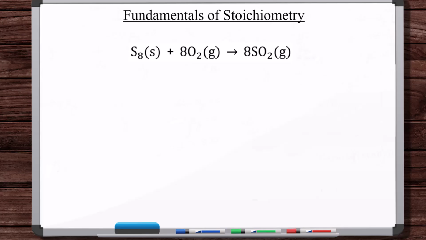The idea is you're going to have some amount information about a certain reactant or product. You're going to convert to grams, then to moles. And now once you're in moles, you can use stoichiometric equivalencies to switch to any other reactant or product you want. Now that you have that other reactant or product in moles, you can go back out to grams and then convert from grams to any mass unit you want.